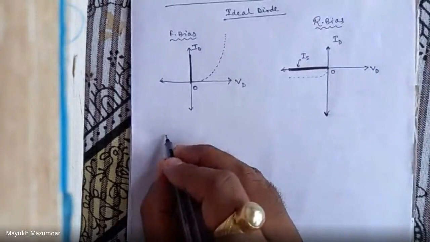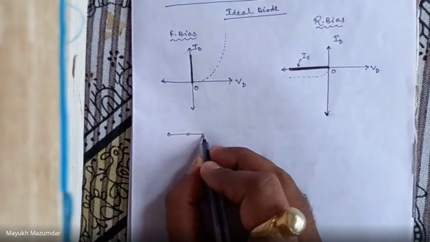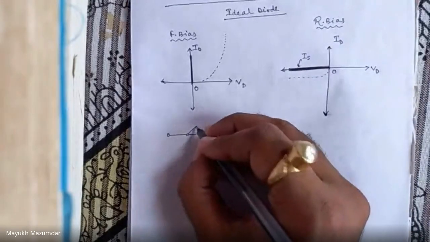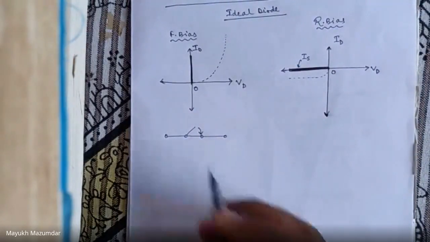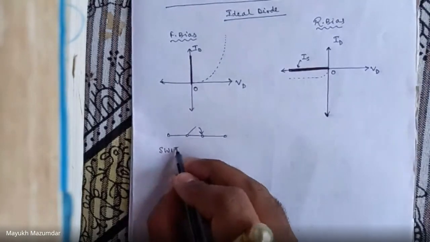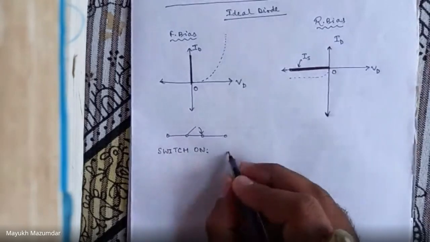So in a nutshell, I think I can say that the ideal diode works like a switch. Why? When I'm putting the switch on, what do I get?